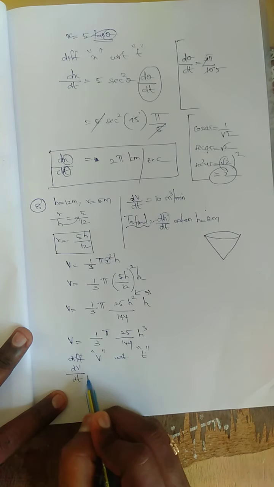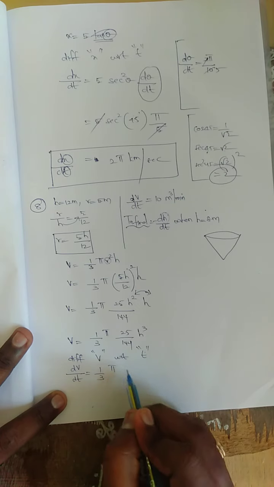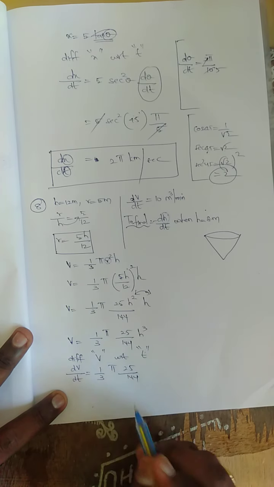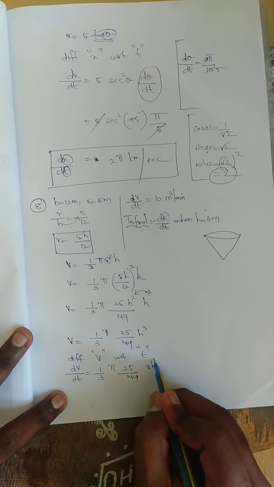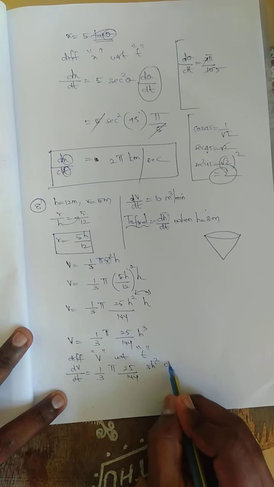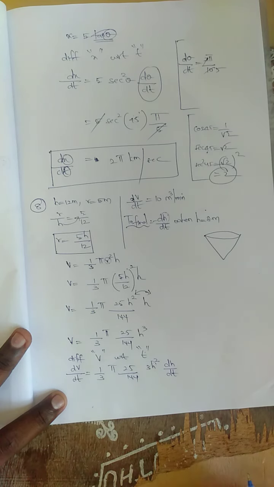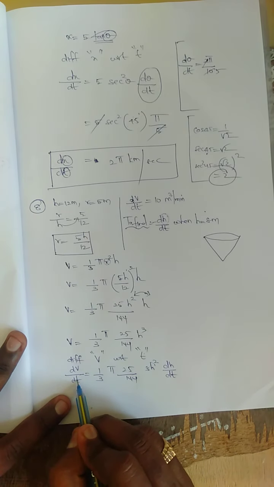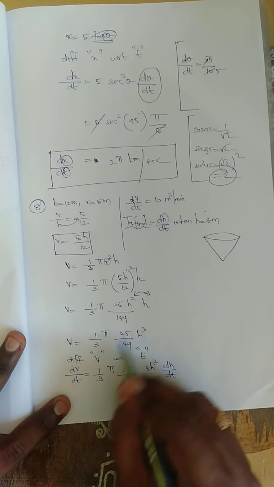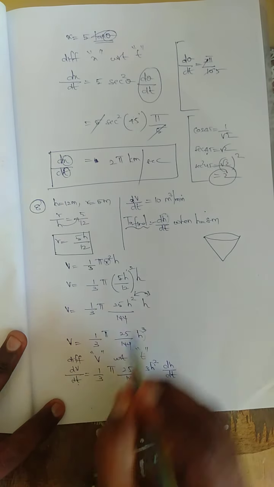dv by dt is 1 by 3 pi 25 by 144, all constant. H cube, bring down 3h square, and for h, it is dh by dt, because it is with respect to t. What is dv by dt?